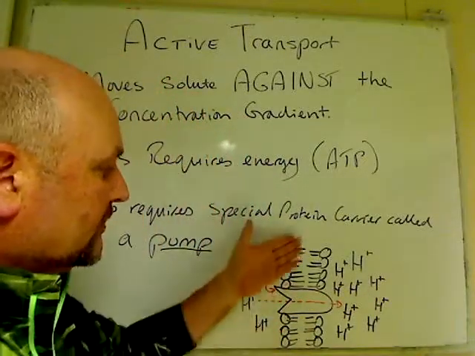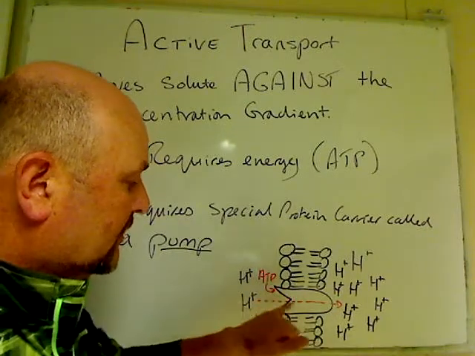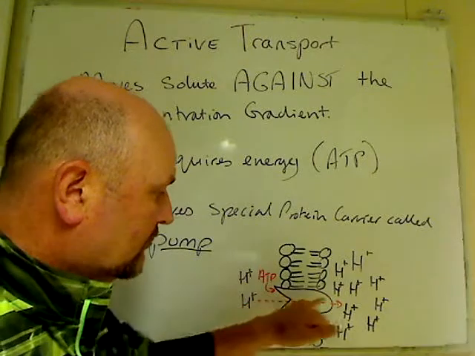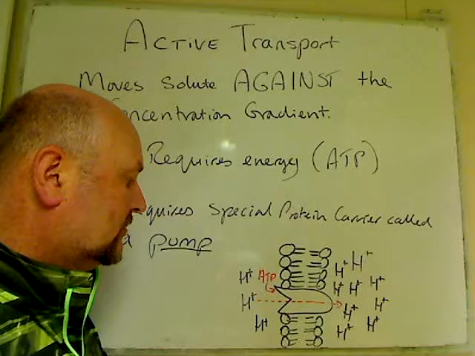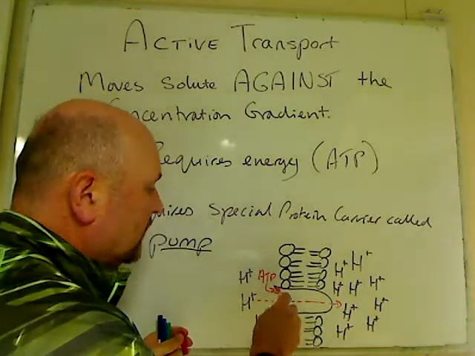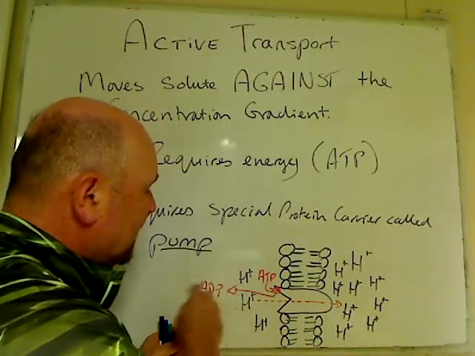So the diagram here is again showing us our cell membrane. Here's our phospholipids, here's our integral protein. This protein, however, will only push a hydrogen across and through it by the addition of adenosine triphosphate. And that adenosine triphosphate, once it phosphorylates, becomes adenosine diphosphate.